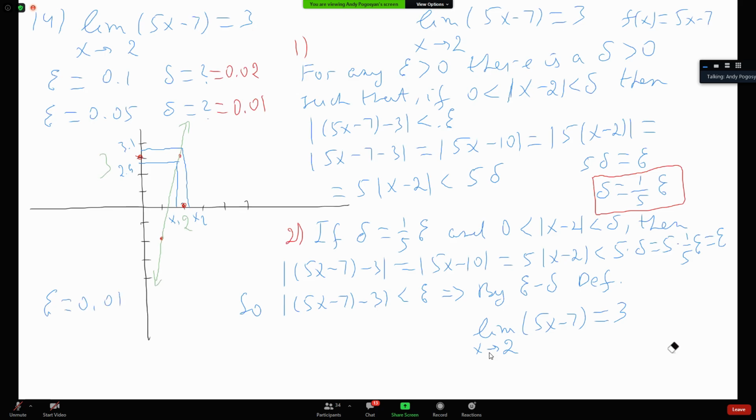Then the corresponding delta would be what? Divide by 5. So 0.01 divided by 5 would be 0.002. You can do algebra, but as long as you have the relation delta equals 1 over 5 epsilon, you can use the relation and finish it.